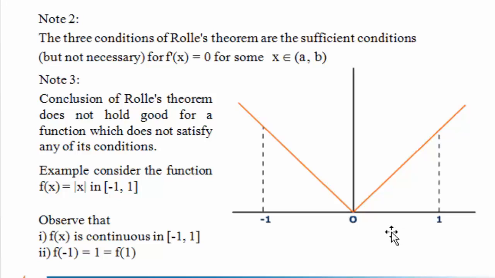Though these two conditions hold, the second condition we have omitted, means not differentiable, means it has a sharp edge here. So we have no chance to get a tangent to this curve that is parallel to the x-axis, because smoothness is omitted, means it is not differentiable.